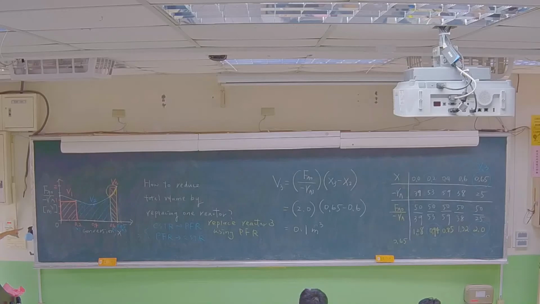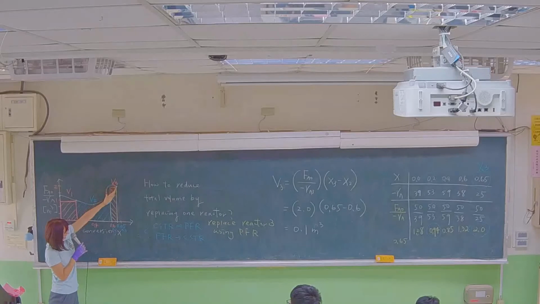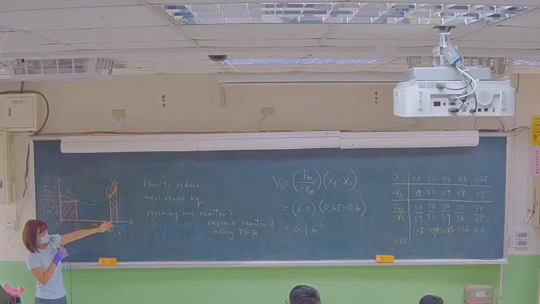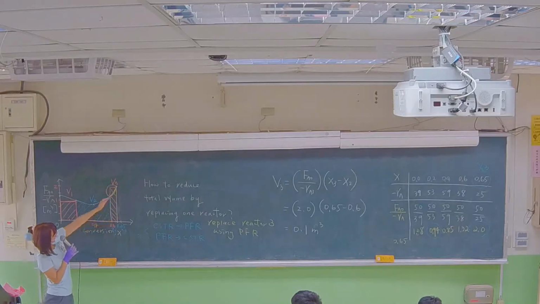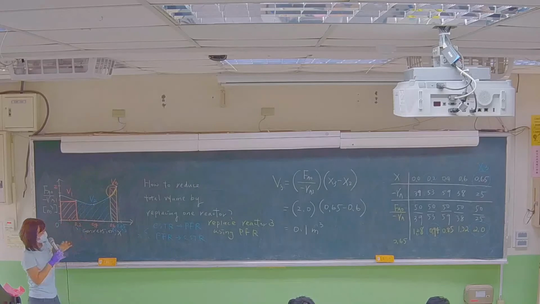It is easy to just observe this figure, right? Because you can find this part. So you know, if you use PFR, the area is like this, under the curve. But if you use CSTR, the area is like a rectangle.